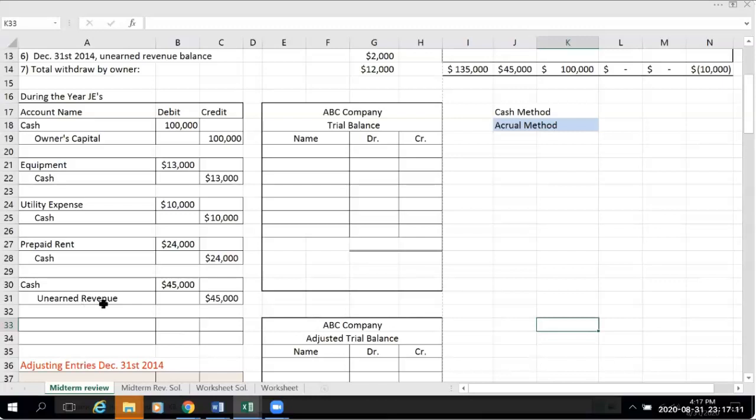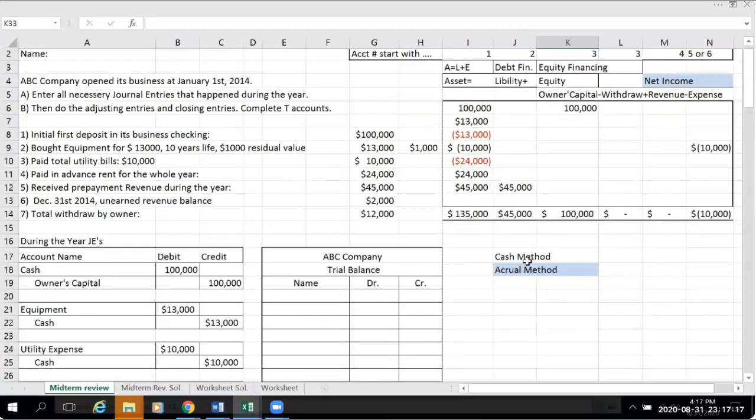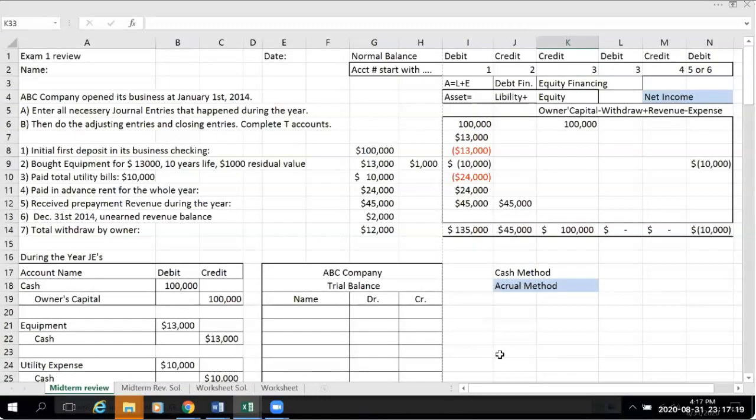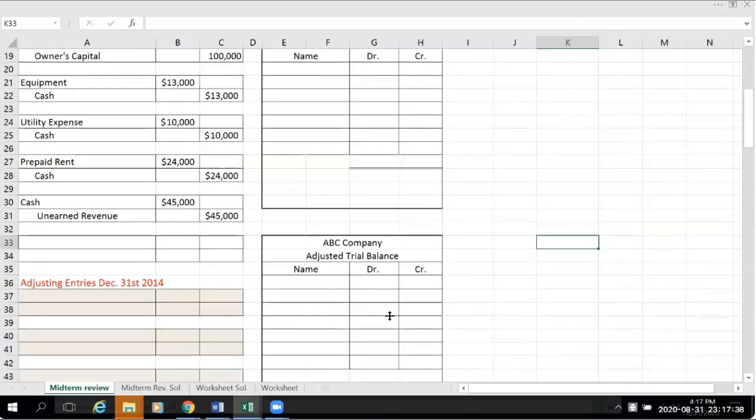That means you defer the recognition of revenue. Deferred revenue or unearned revenue. Okay? So liability goes up, asset goes up. So if you add up this part, it will be 135. 100 plus 45 minus 10. Okay? And this is done.